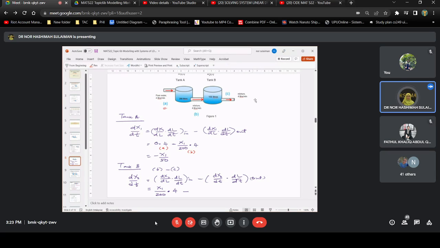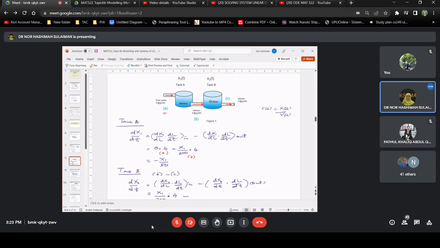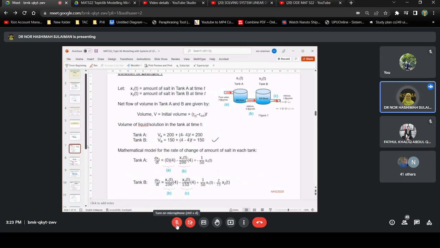Alright, apa concentration dia? What is the formula concentration dia apa? CT tu adalah apa? Amount of salt divided by the volume kan? Betul tak? Okay, so what will be the amount of salt in tank B? X2 kan? Betul tak?